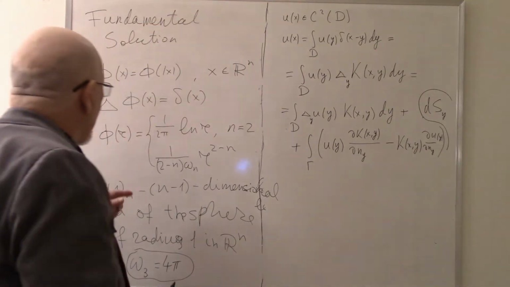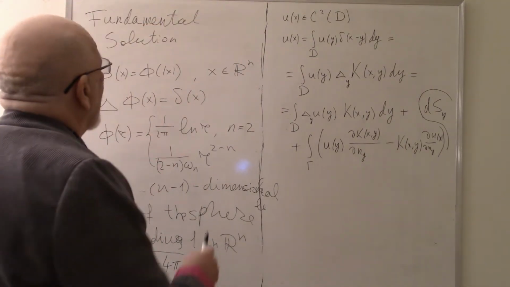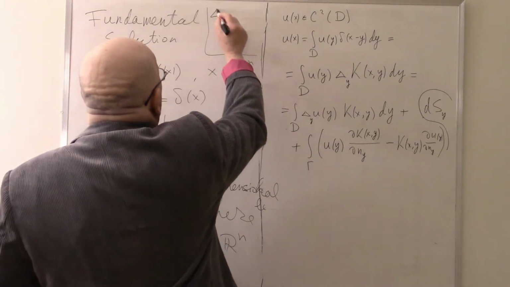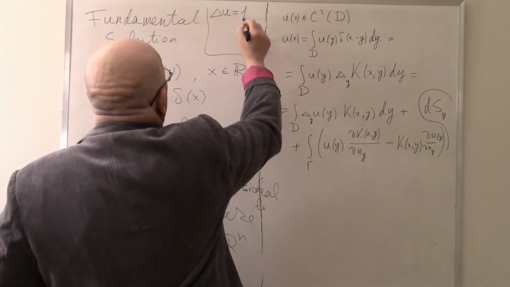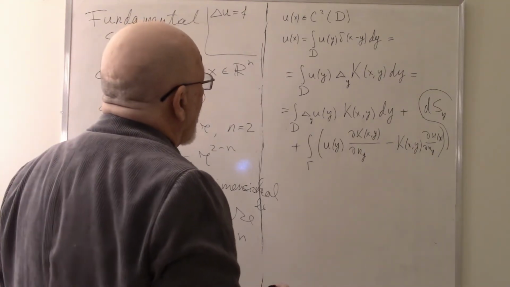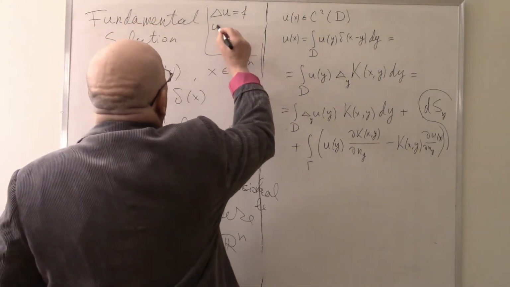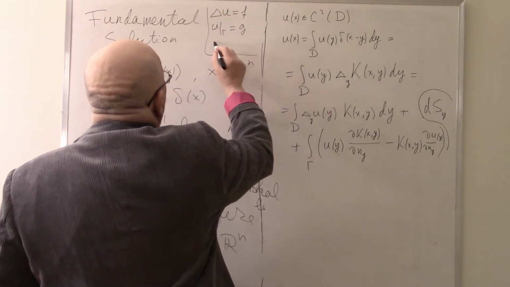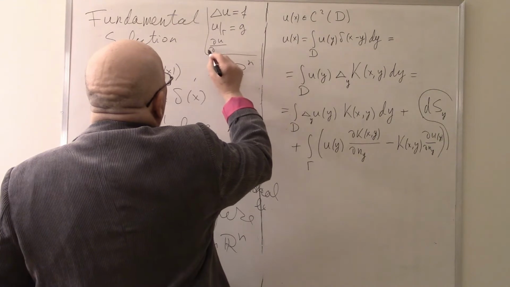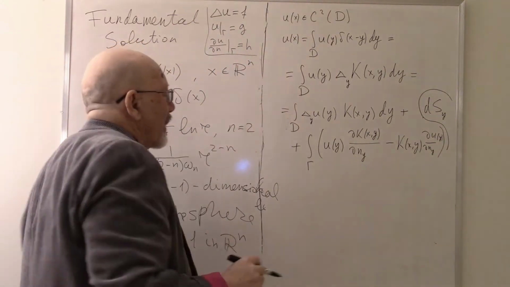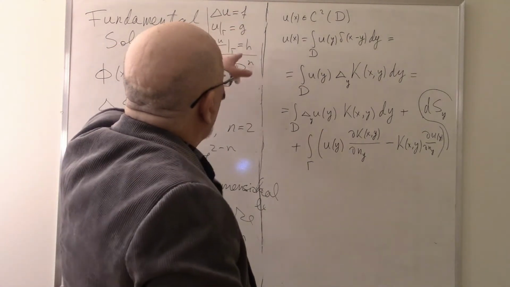Now let us look at this formula. Let me remind you that the Laplacian of u is denoted by f, u on gamma is g, and du dn on gamma equals h. Yes? These are my notations.